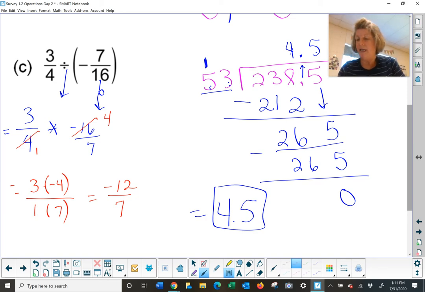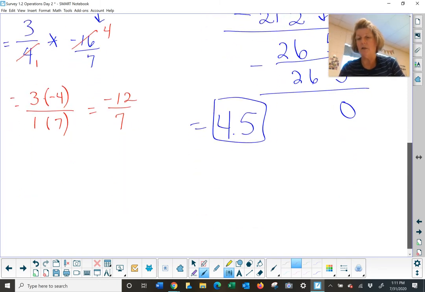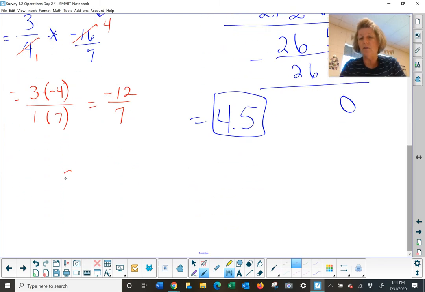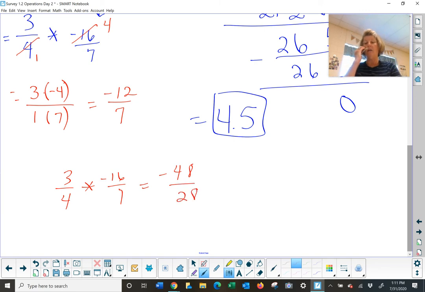If you don't like that way of doing it, you don't like reducing, you could have done 3/4 times -16 sevenths and got -48 over 28, and then reduce it down. 4 does go into both of these. We get -12. 4 into 28 is 7. And there's our same answer.